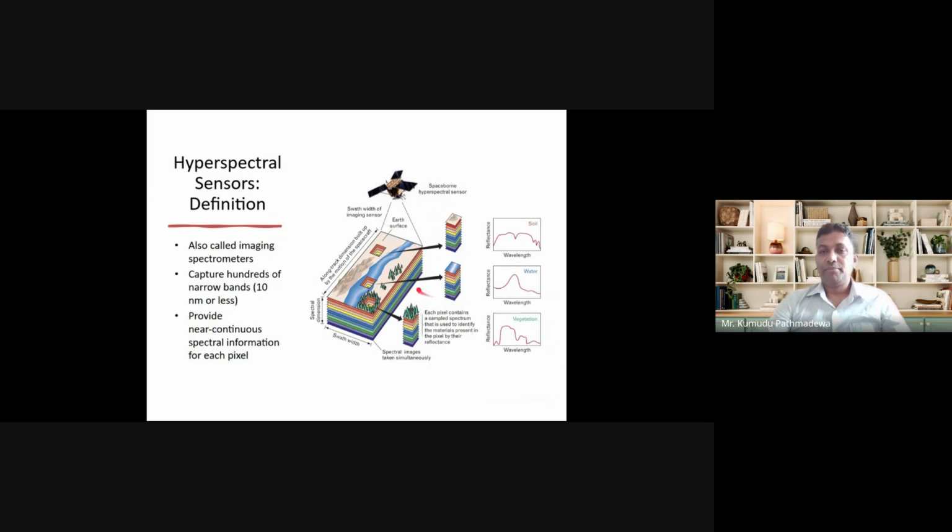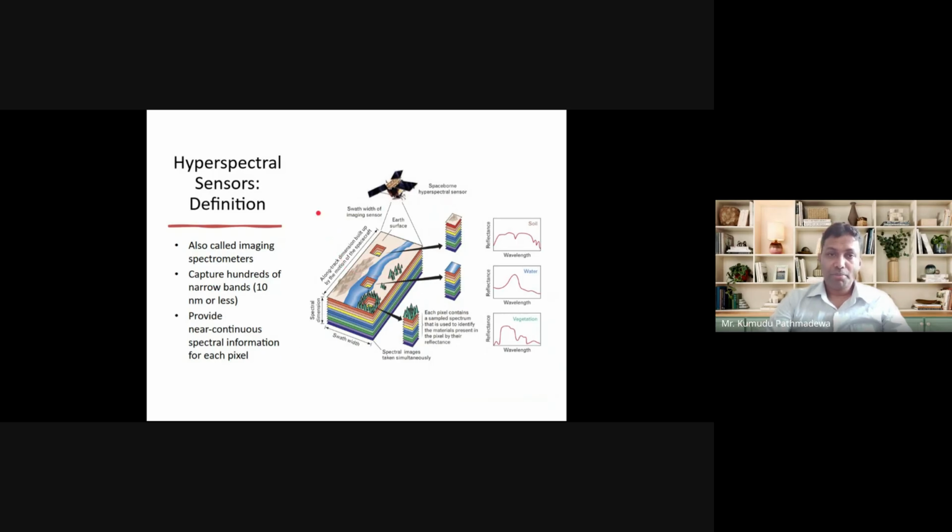For your understanding, normally we see RGB, red, green, blue images, like our photographs, which have only 3 layers. Imagine if there are 100 layers in a single image, how massive it is compared to its memory capacity.